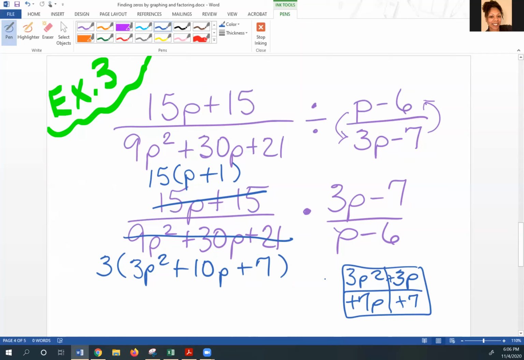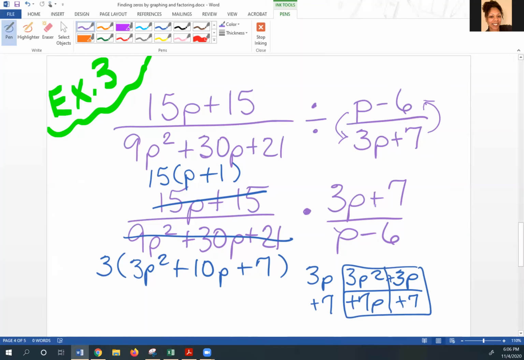And now I just want to factor out my greatest common factor, 3p. And then here, my greatest common factor is 7. Actually, that should be a plus sign in my original problem.